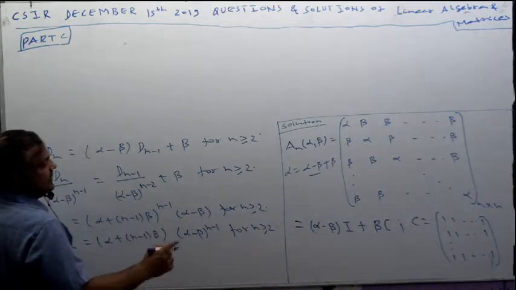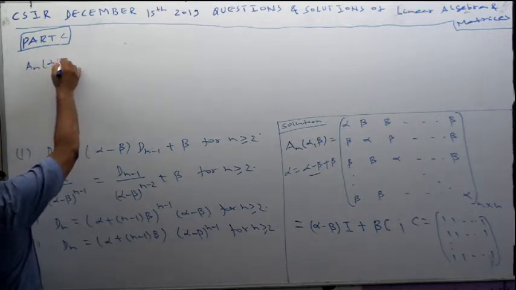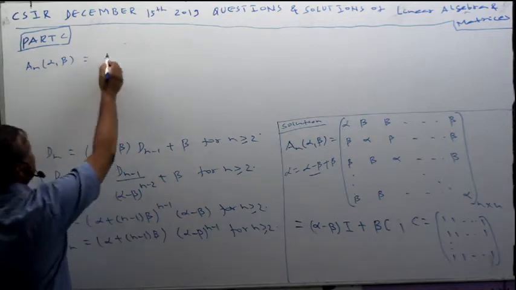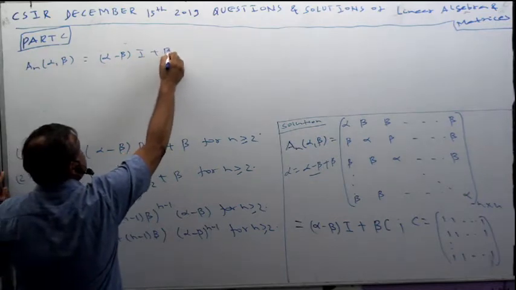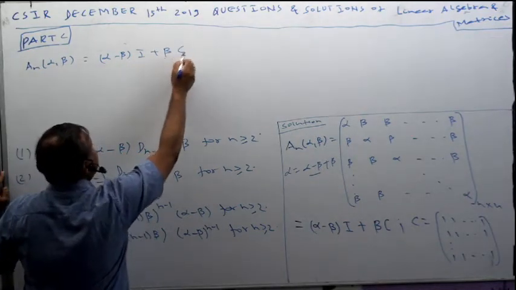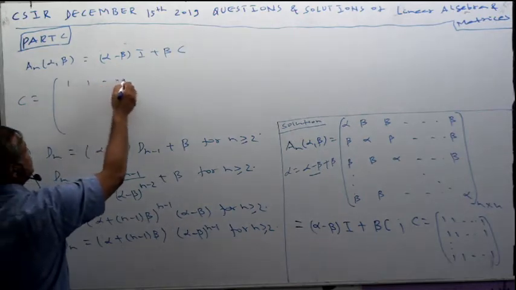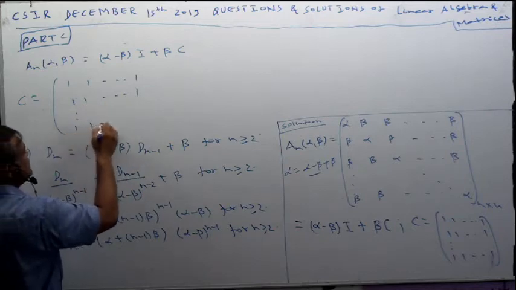See here. So, A_n(alpha, beta) is equal to (alpha minus beta) times of I plus beta times of C, where matrix C is this. Again I am writing. I will rub it after that.